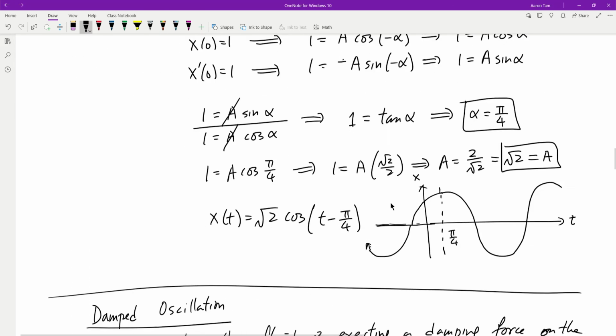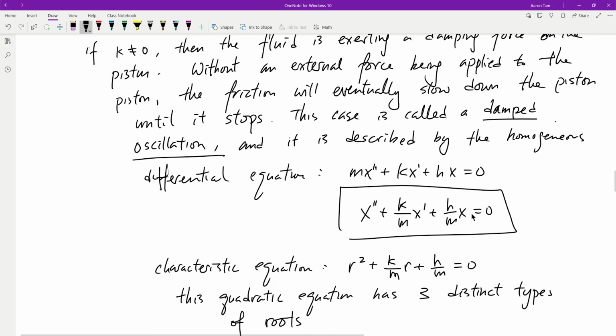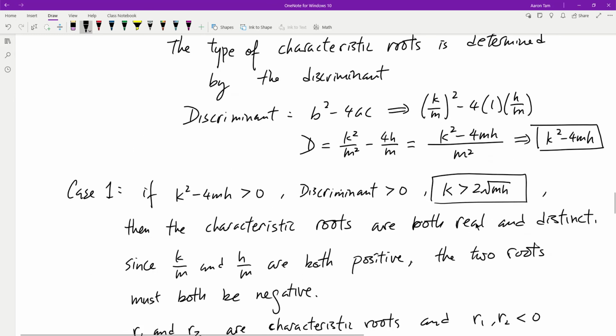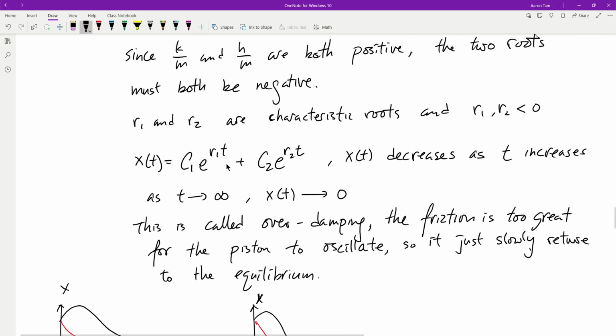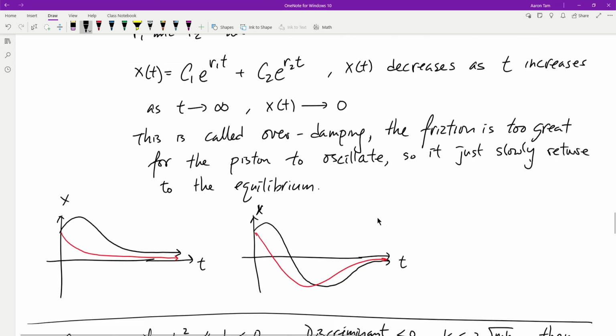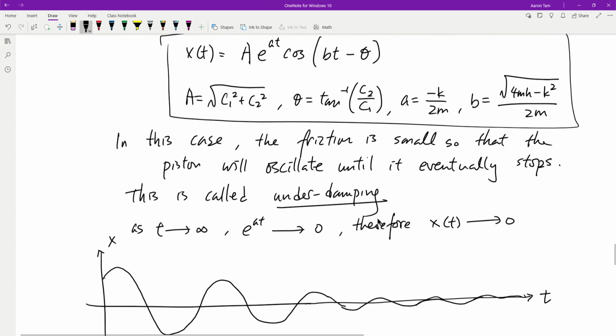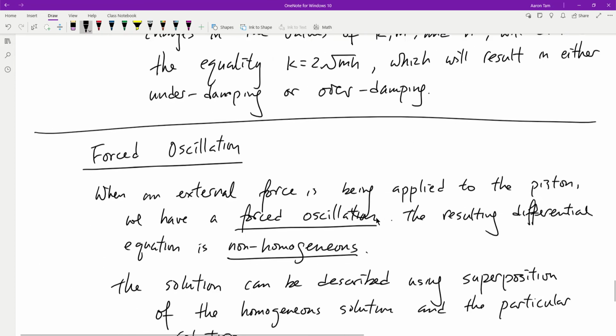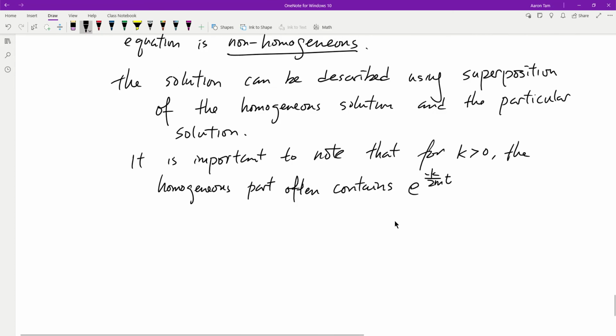But in the damped oscillation, we would definitely have two negative roots, r1 and r2. They would be some kind of negative k over 2m plus or minus some value, but both have to be negative. Now, why is that important? The homogeneous part often contains e to the negative k over 2m t.